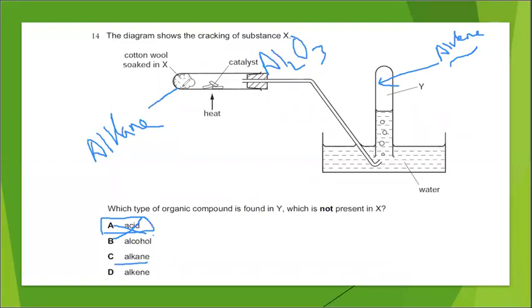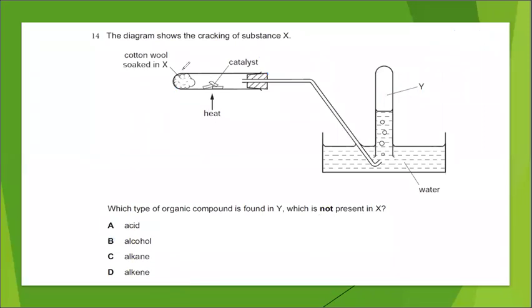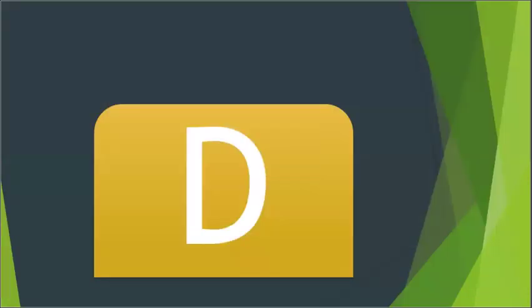Alkane is at X. Alkene, the answer is D as in dog. At X, you'll have the alkane, but at Y, you'll have the production of the alkene.